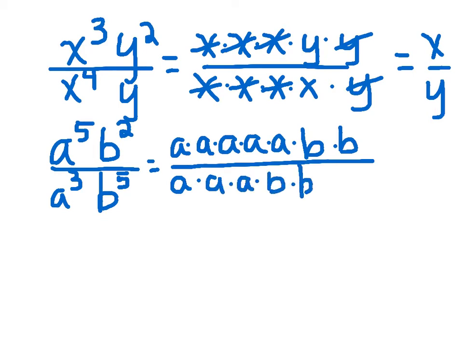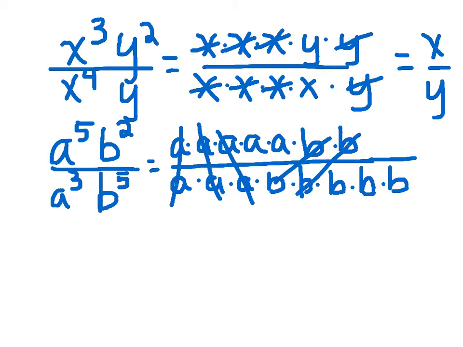So drop out the 1, drop out the 1, drop out the 1, drop out the 1, drop out the 1, and what I have is a to the second over b to the third.